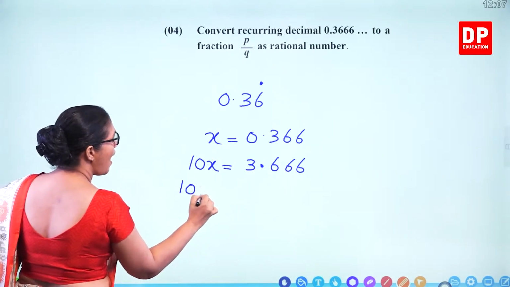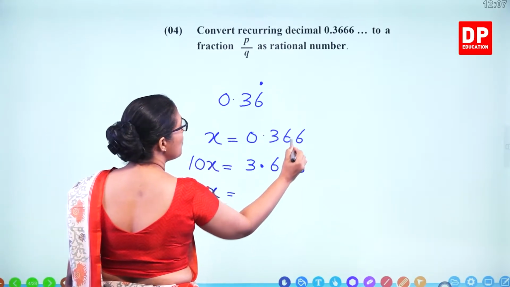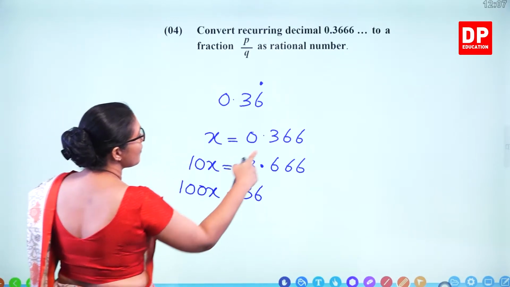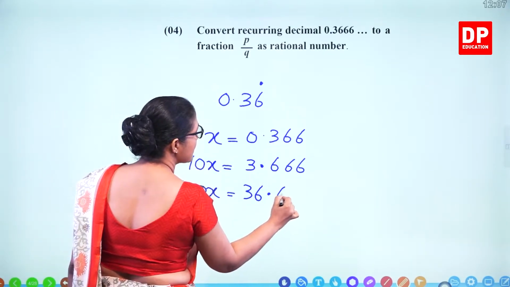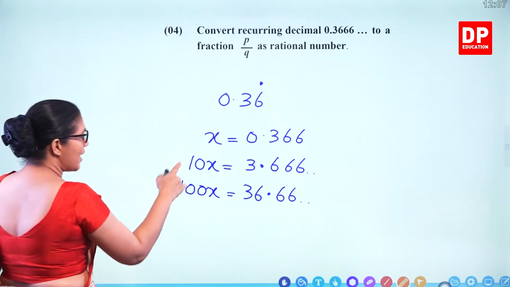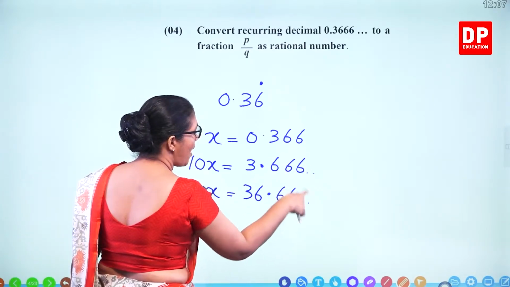So multiply by 100 now. x multiplied by 100 means 2 places, so 36.666 like that. This is repeating. Now when you take these two, they have the same decimal part.